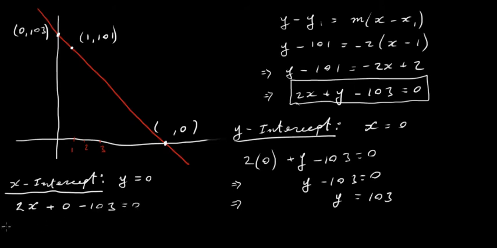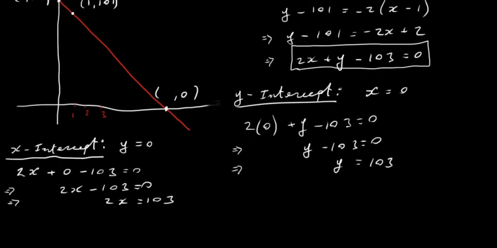That will give me 2x minus 103 equal to 0, or 2x is equal to 103 by adding 103 to both sides. So finally, x is equal to 103 divided by 2, so you get 51.5.